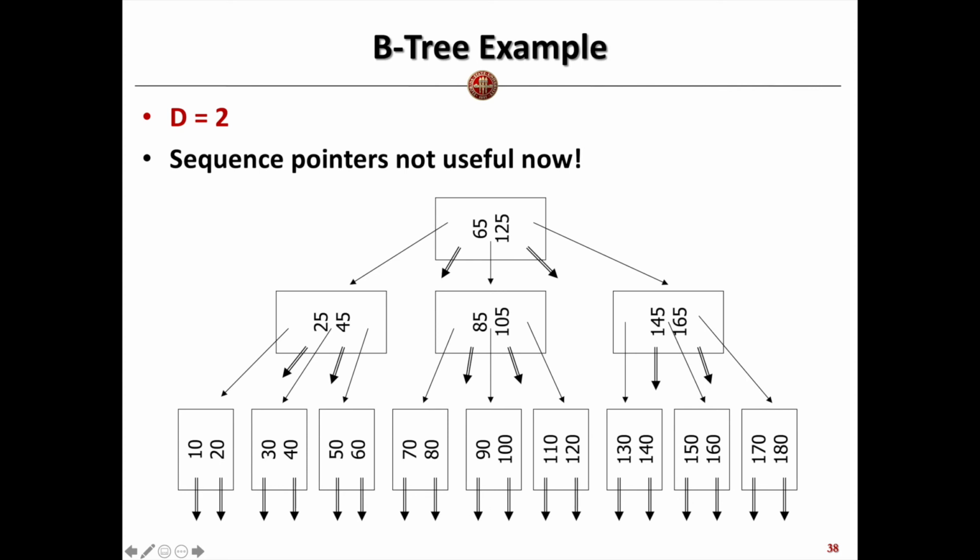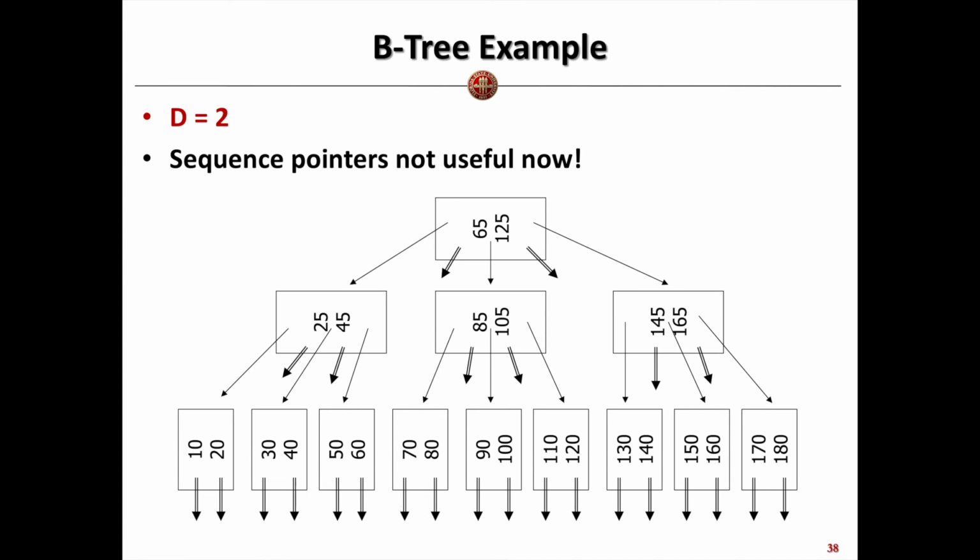Because here we have one pointer pointing to the concrete data tuple matching this one already. It will be very similar if we plan to search for 85. We can also go from the root, go to this node, and we access this pointer as well. And we can have the data tuples matching this one. And for the remaining, if we want to search for 70, we still have to go from the root, going down, go to the leaf node to access this pointer, right?